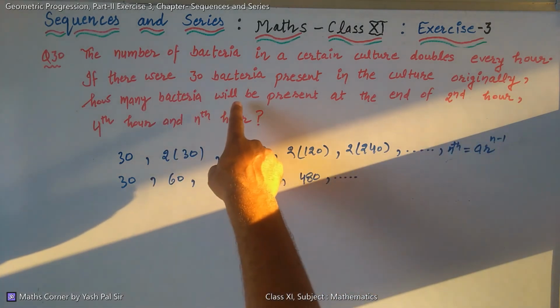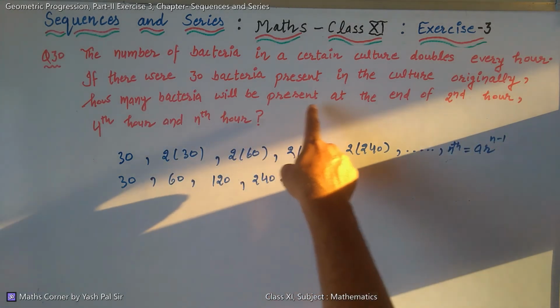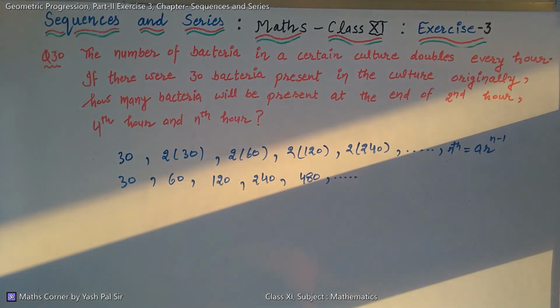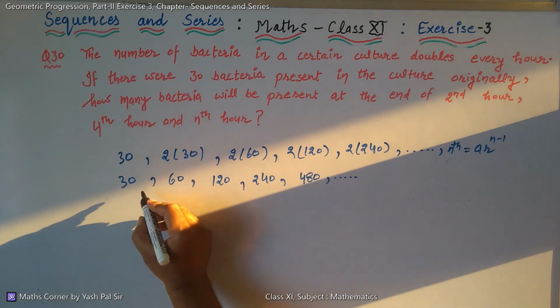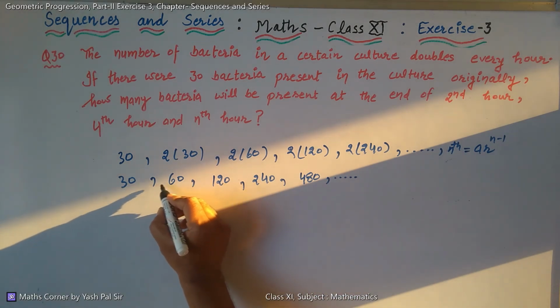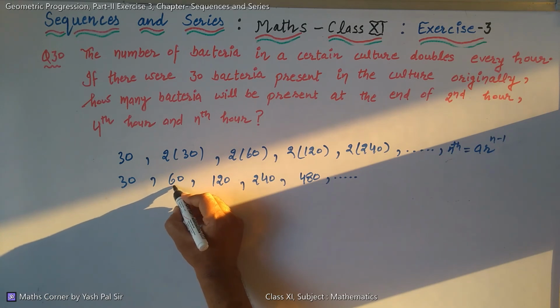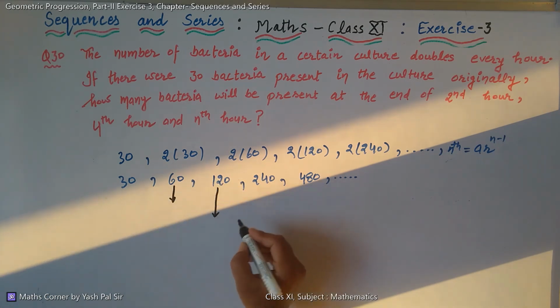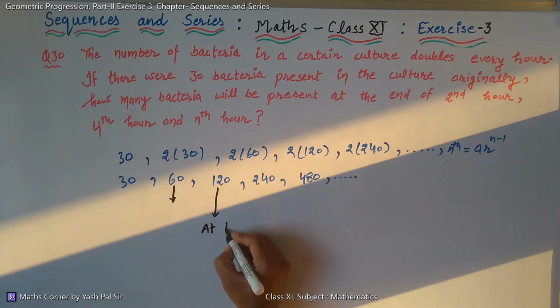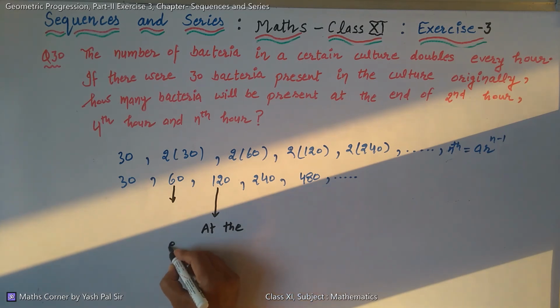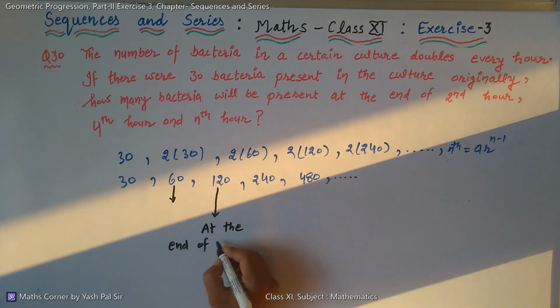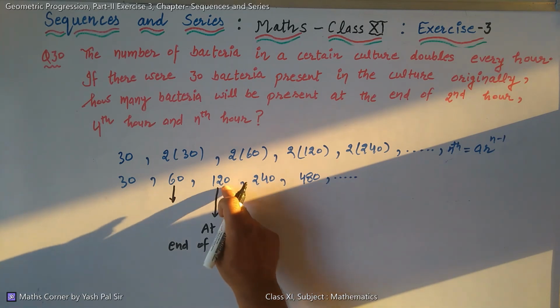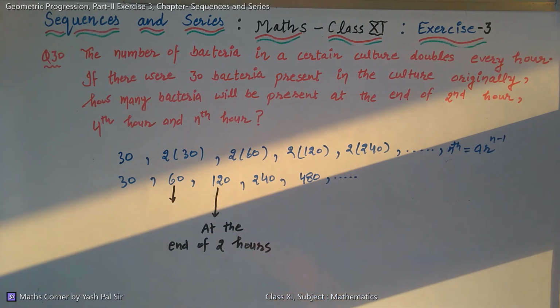But our question is, how many bacteria will be present at the end of second hour? At the end of second hour, at the end of 1 hour, 60. At the end of 2 hours, 120 bacteria will be there.